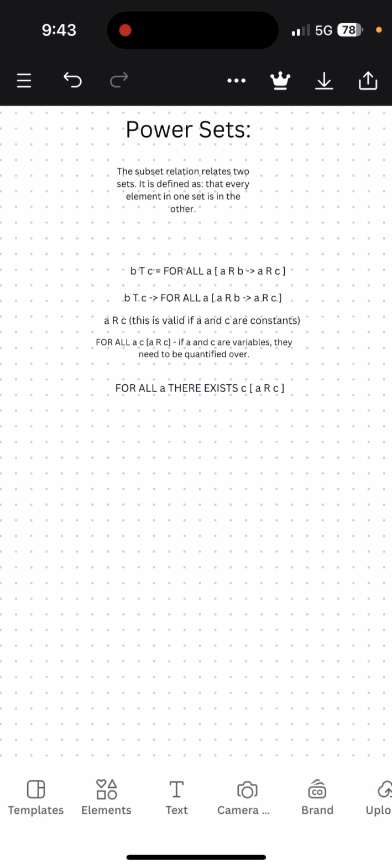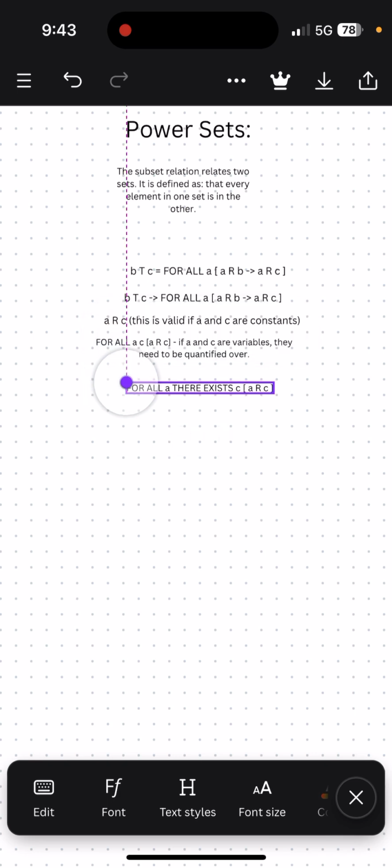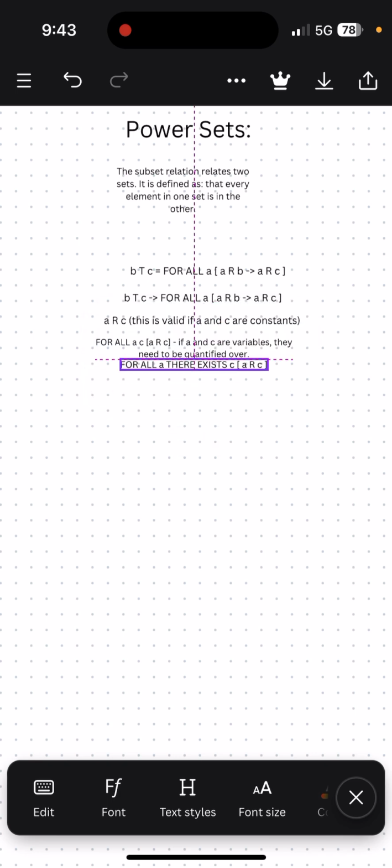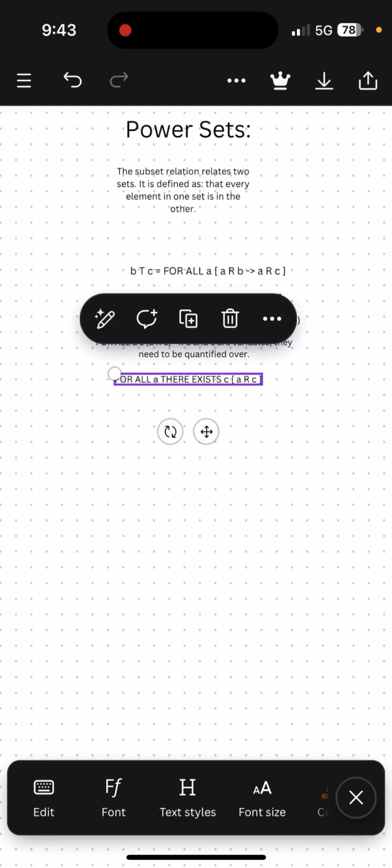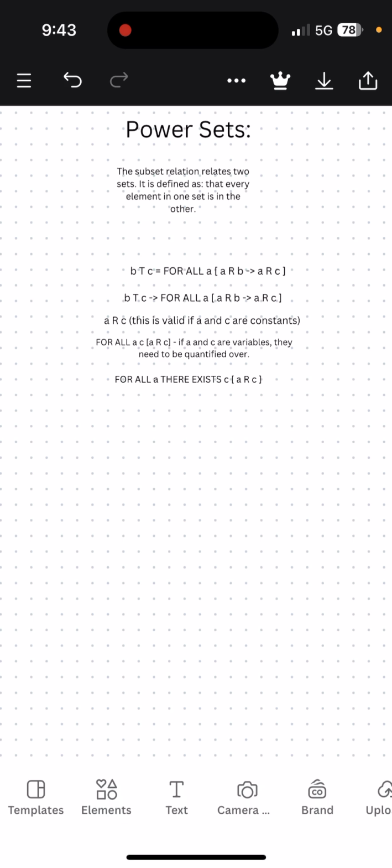I don't know. Here we have, for all A, there exists a C. That's left total. If we switch A and C, we get right total. And there's another idea, it's not commutative. But if you switch it, there is definitely a corresponding idea.